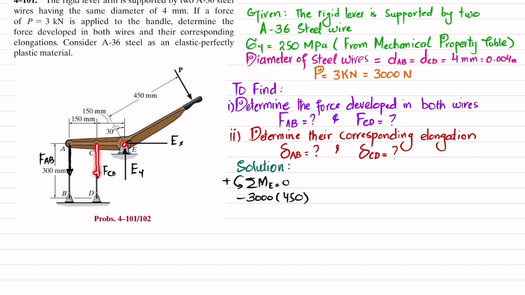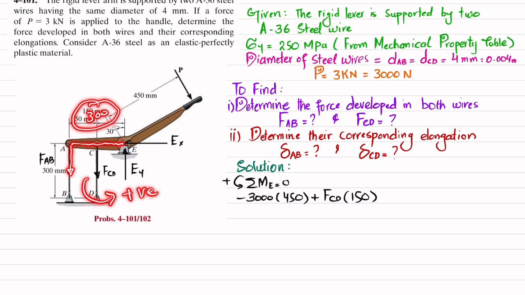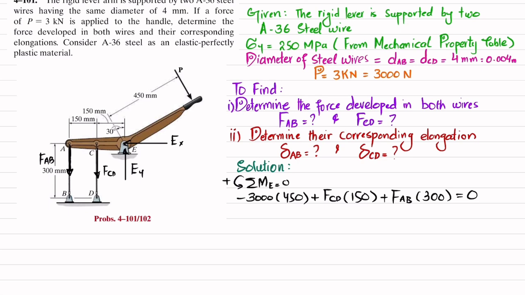The second moment is due to FCD, with perpendicular distance 150, and since this is producing counterclockwise moment, it will be positive. So I will write plus FCD times 150. The last force producing moment about point E is FAB, with perpendicular distance 300, and this is also producing counterclockwise moment, so it will be positive. So plus FAB times 300, and the sum of all moments about point E is equal to 0.